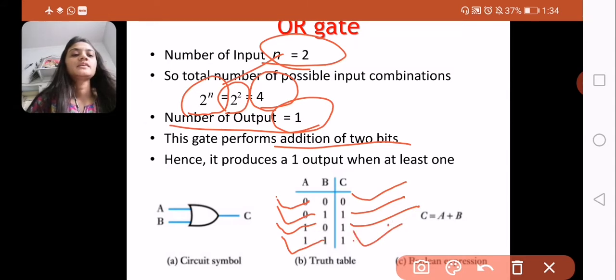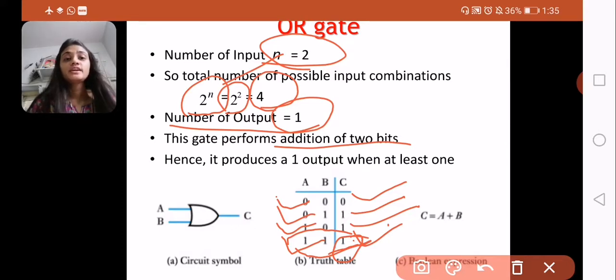Now the question is, in the last combination, 1 plus 1 should be 2, then why 1? Here, as I have told earlier, it is a Boolean function, Boolean variable. So it can be either 0 or 1, not any value beyond that.